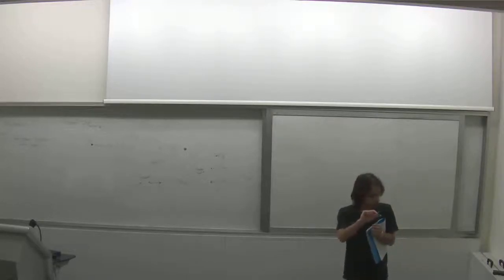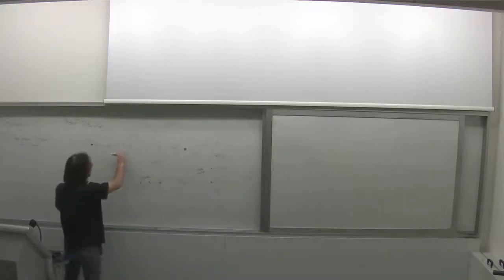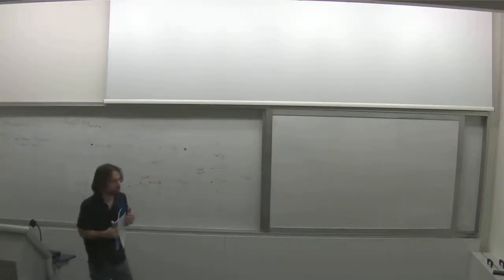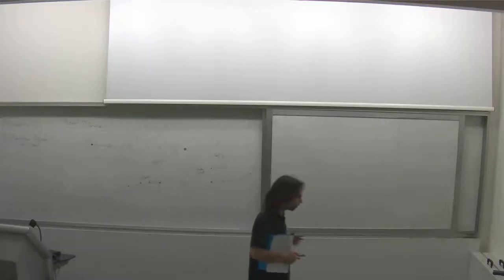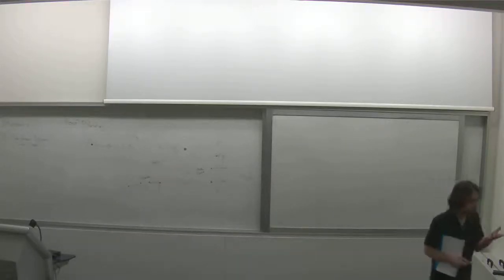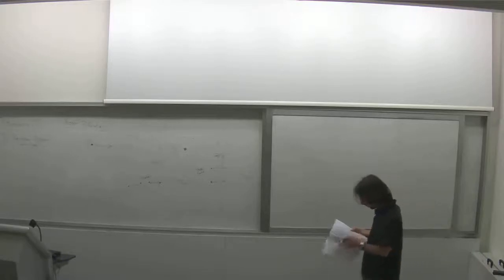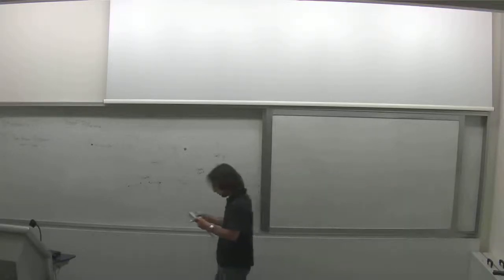Neutral stability with closed orbits around it, and then the unstable. Excuse me? Yeah. So the closed orbits are like limit cycles, except that they're not isolated.